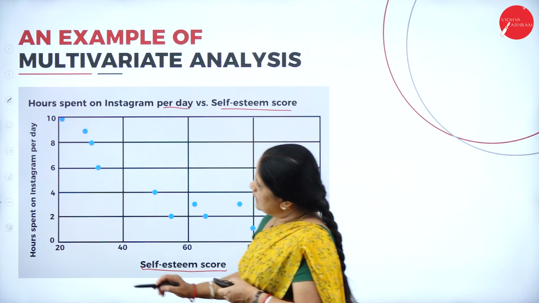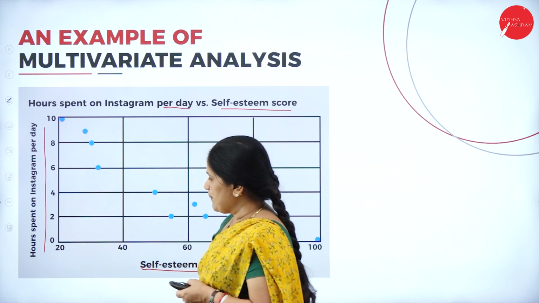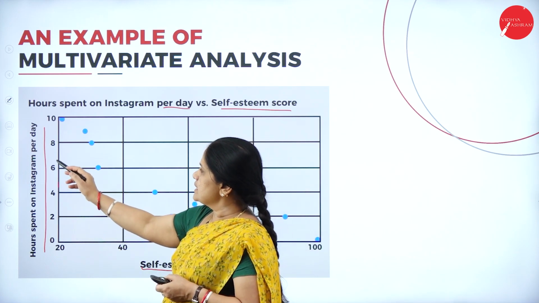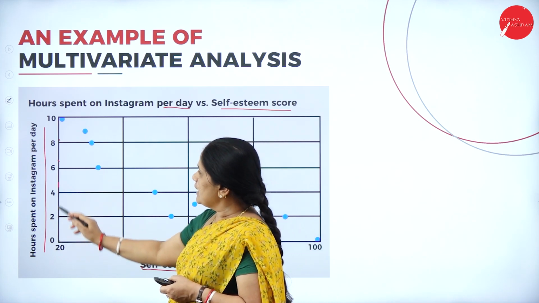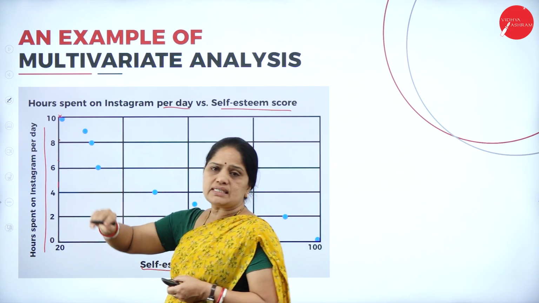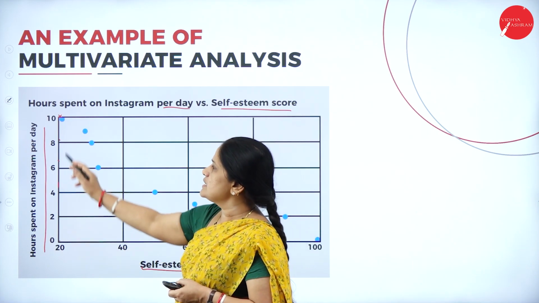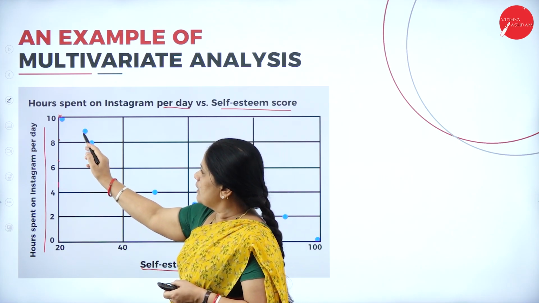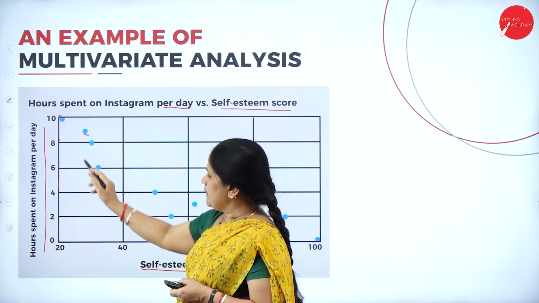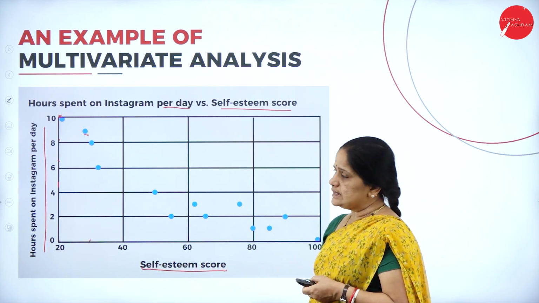And here, the hours spent per day on Instagram: 2, 4, 6, 8, 10 hours. If he is spending almost 10 hours on Instagram, his self-esteem score is just 20. If he is spending around 9 hours, his self-esteem score is around 30.